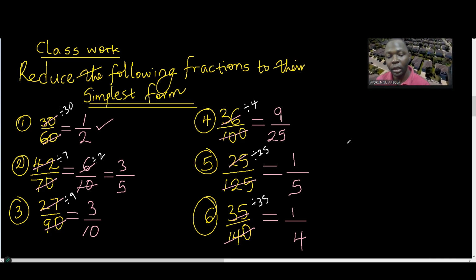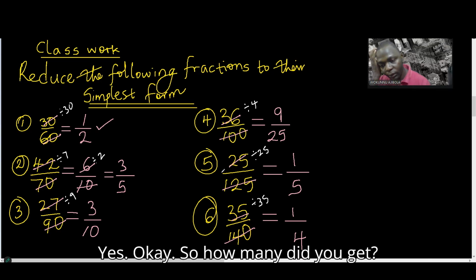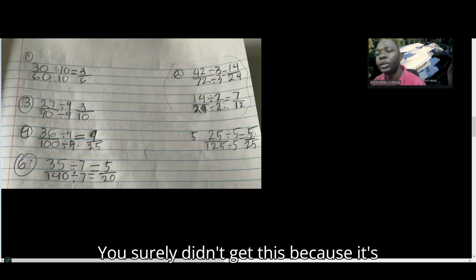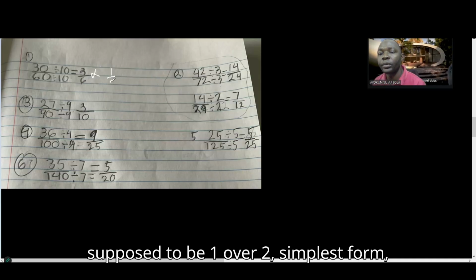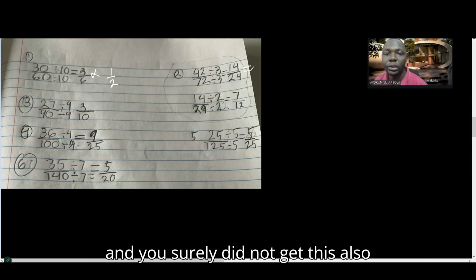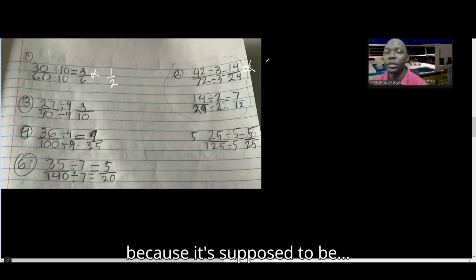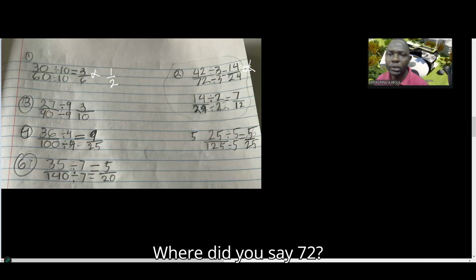Do you understand? Okay. So, how many did you get? You surely didn't get this because it's supposed to be 1 over 2, simplest form. And you surely did not get this also. Where did you see 72?